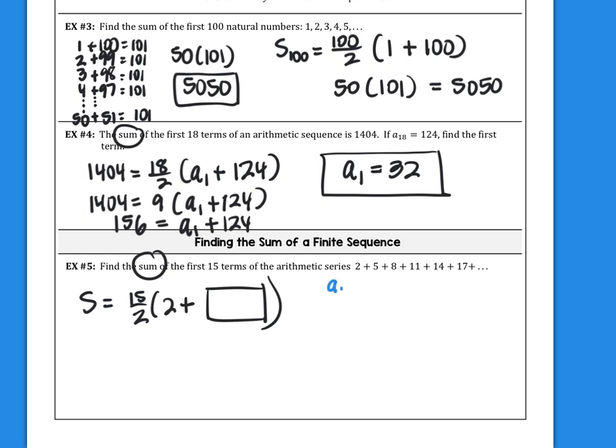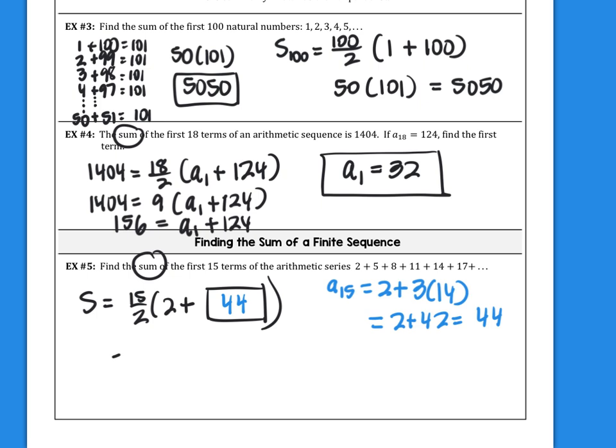The 15th term can be found by taking the first term and adding the common difference 14 times. So what's our common difference? Well, what's happening from each one? Oh yeah, they're adding 3 each time, right? So this would be plus 3, only 14 times, and so 2 plus 42, so this is 44. So now I can add this into there, and boom.